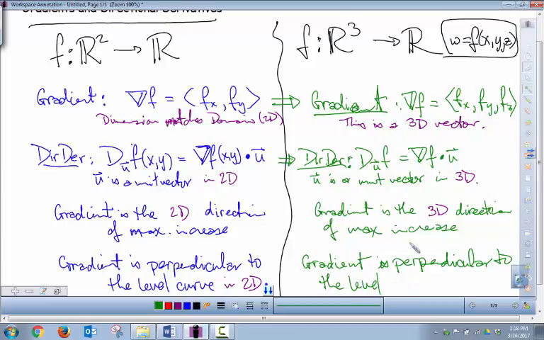Now, if we have a 3-dimensional domain going into a 4th dimension, when we set the output or dependent variable equal to a constant, we have a relation of x, y, and z, and that describes a surface. So a gradient is perpendicular to a level surface in 3D.